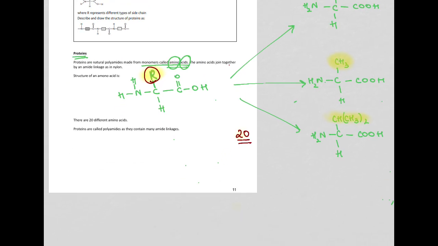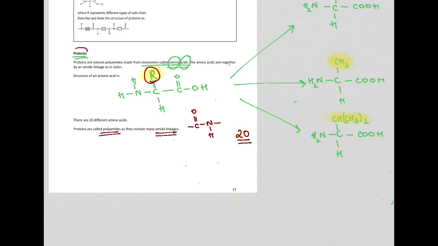Now, proteins are called polyamides as they contain many amide linkages. So the amide linkage, if you still remember when we did nylon, the amide linkage is CONH. Like I said, if you want to put the H up on top of the nitrogen, you can. So this is the amide linkage.